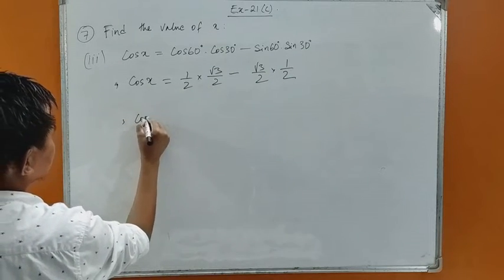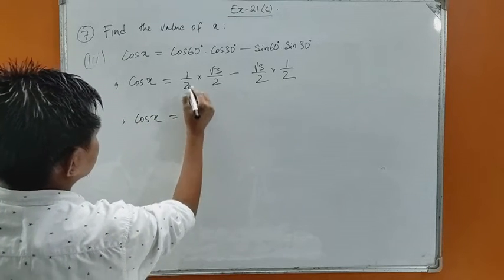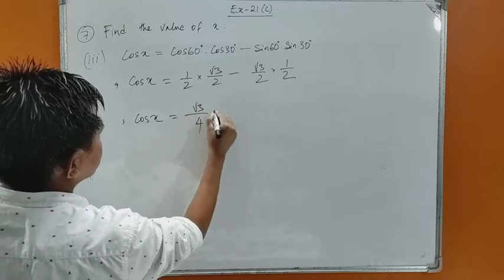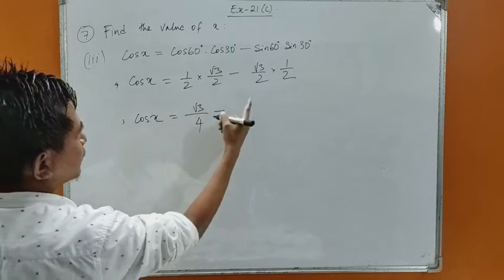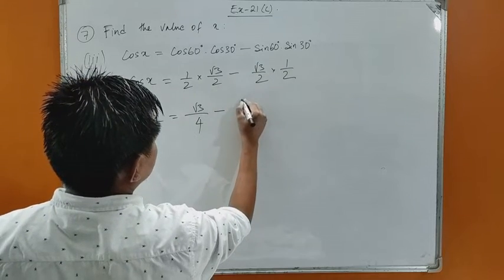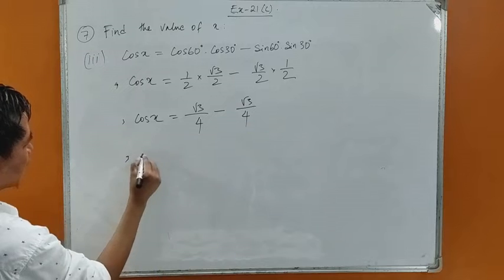So cos x equals 1 into root 3, which is root 3, over 2 times 2, which is 4, minus root 3 into 1, which is root 3, over 4.